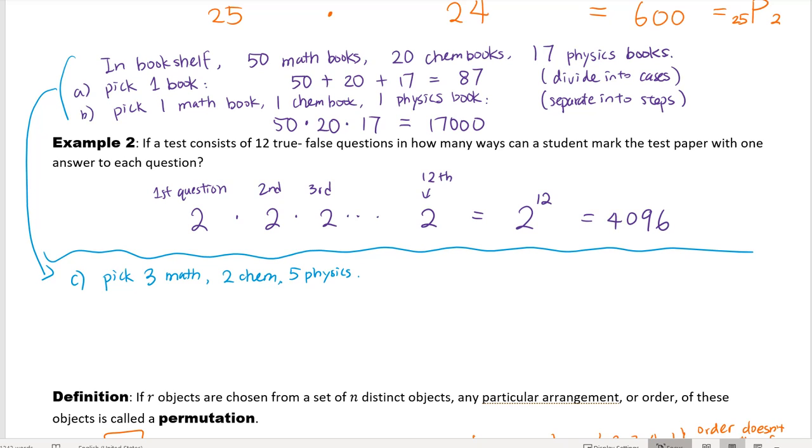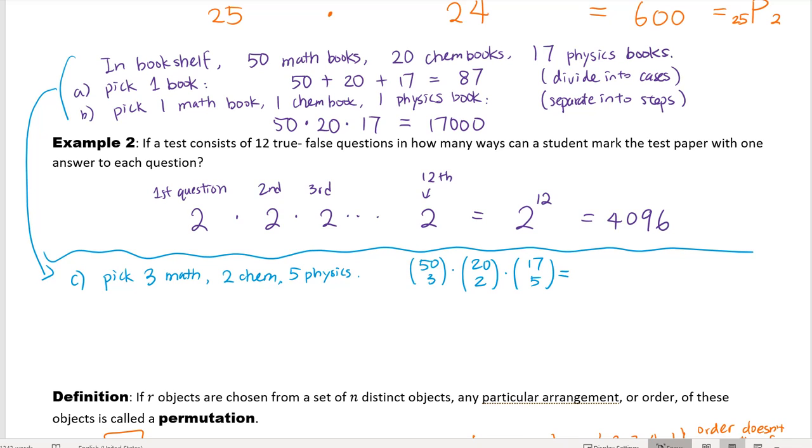How many math books? 50. We choose 3. And you can see the order does not matter, so we use combination. We have 20 chemistry books, we want to pick 2, and we have 17 physics books, we want to pick 5.